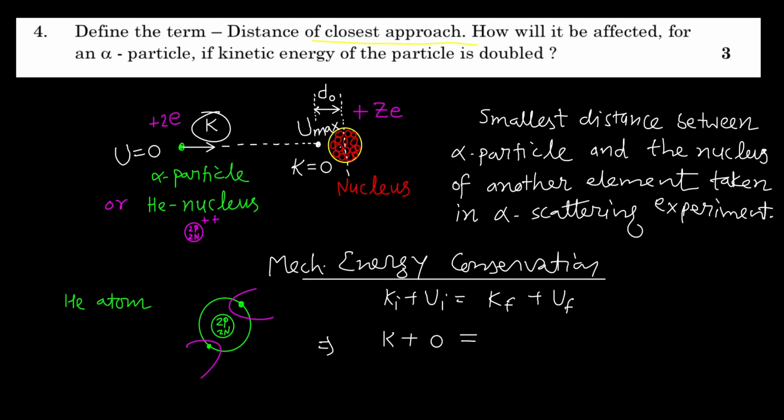And this is equal to the final kinetic energy, which will become zero, because at the closest approach the alpha particle stops momentarily, and after this it will retrace its path, so it will go back.